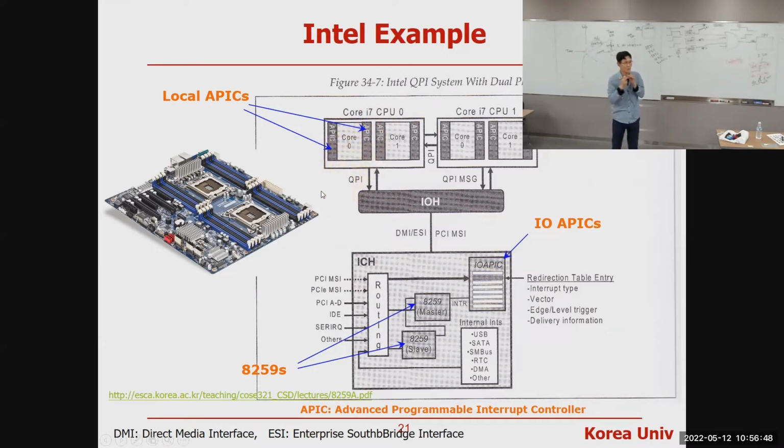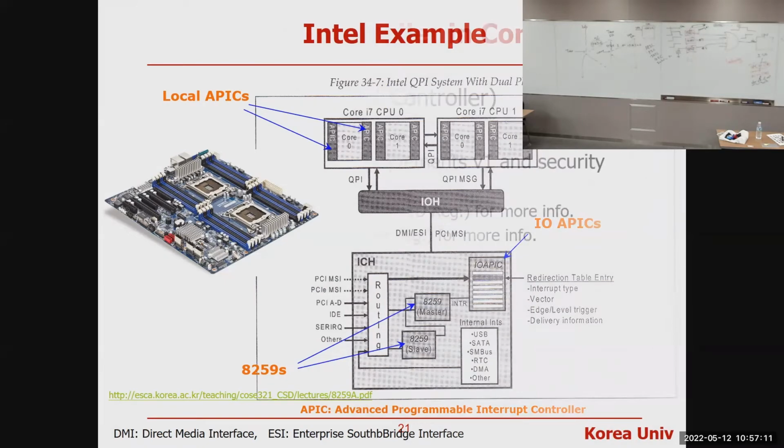It is a little bit complicated, really complicated. The point is, every computer system has at least 1 interrupt controller integrated. Intel is super complicated, so don't worry too much about that. Computer systems have interrupt controllers.